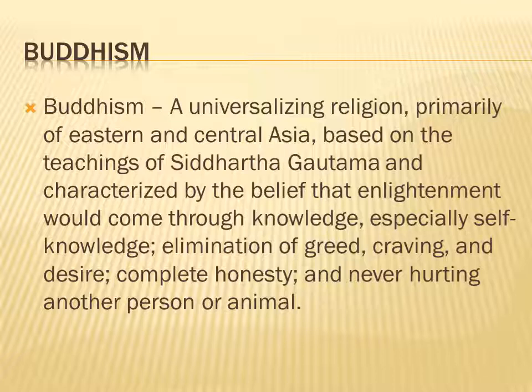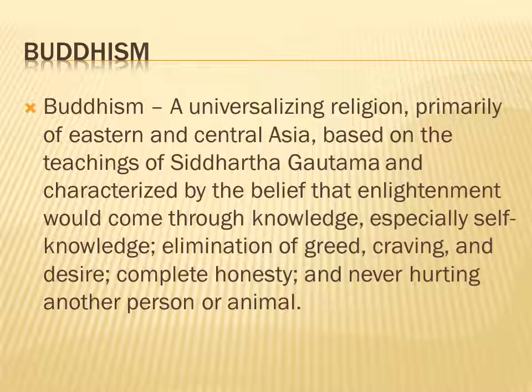And Siddhartha was a son of a lord, so very, very wealthy, very privileged lifestyle. At the age of 29, Siddhartha left his very privileged, sheltered life, renounced all of his possessions, gave everything up, and for 6 years meditated in a forest in India.